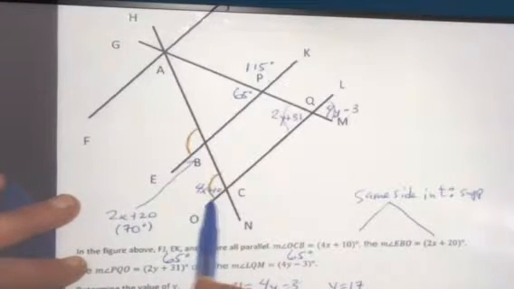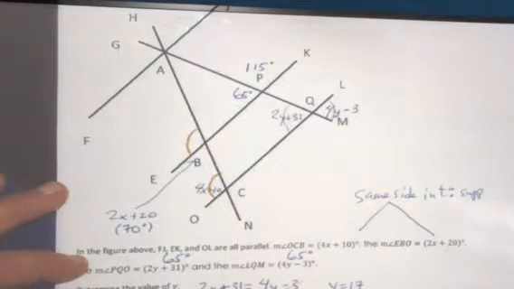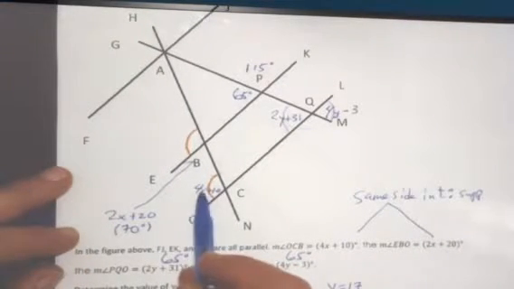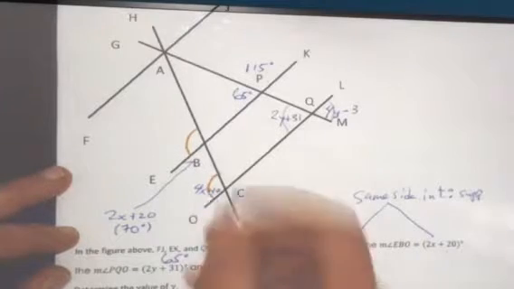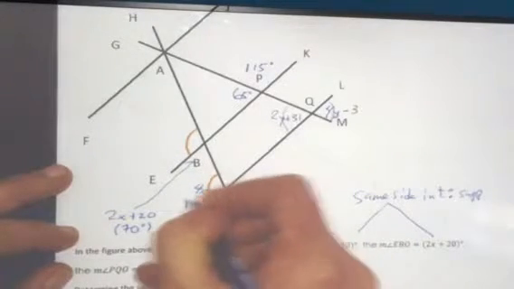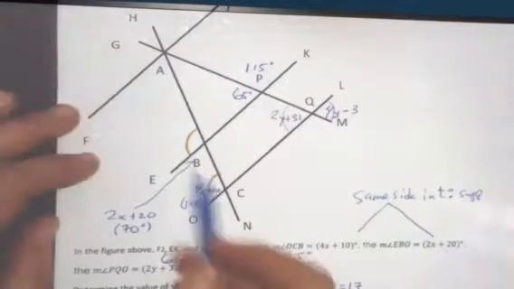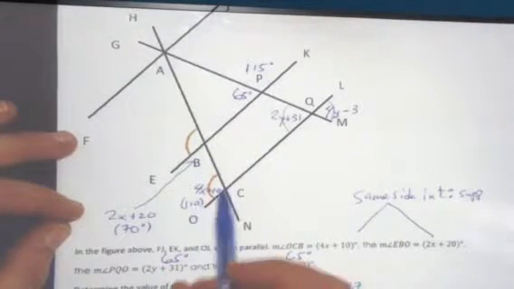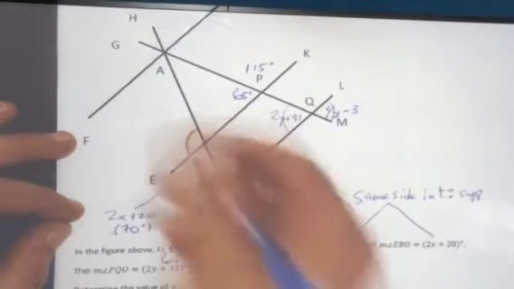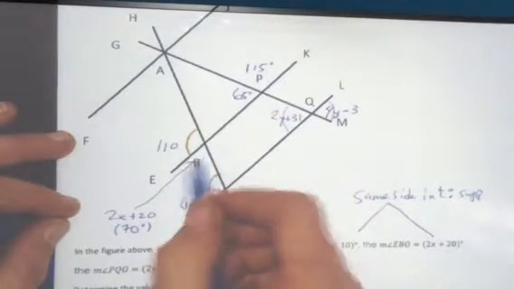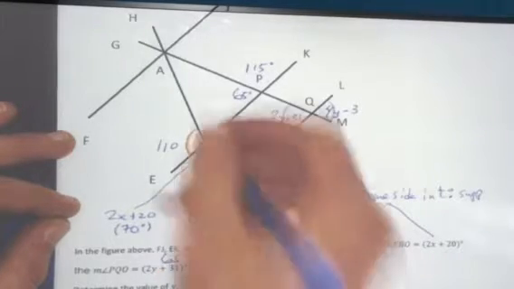We can also figure it out by plugging in x equals 25. 4 times 25 is 100, plus 10 is 110. So either way, this angle is 110. Great. So we said that this and this are corresponding, so this must be 110. And we could say that this angle and this angle are vertical, so this is 70.